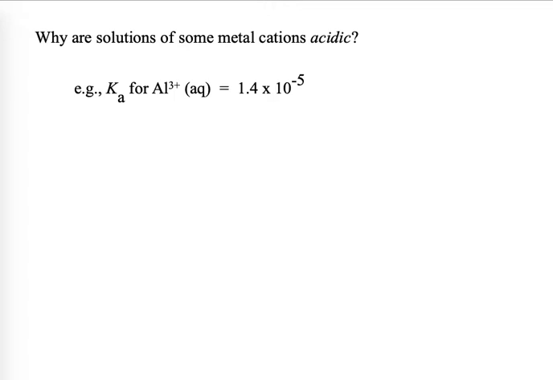For the final category, why are some solutions of metal cations acidic? For example, aqueous aluminum 3+ has a Ka of 1.4 times 10 to the negative 5th. Well, we talked about this earlier in the unit.